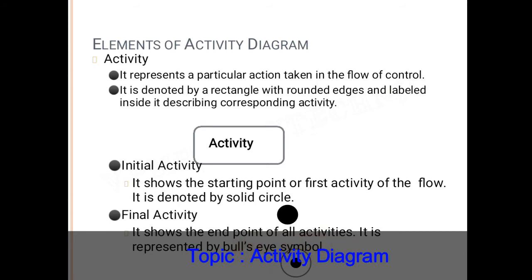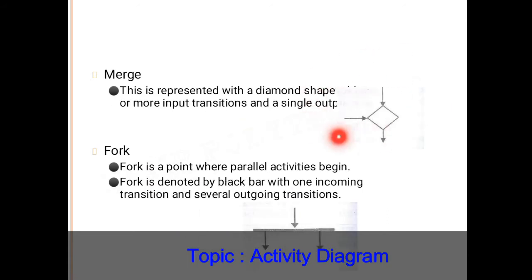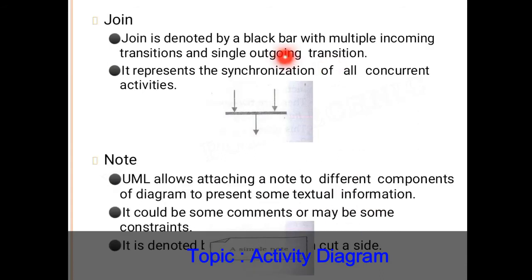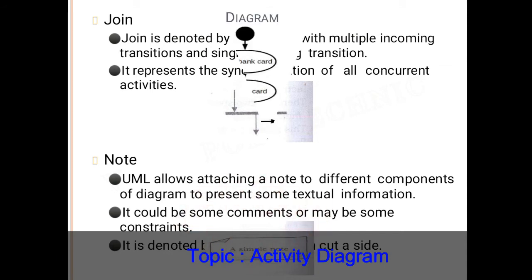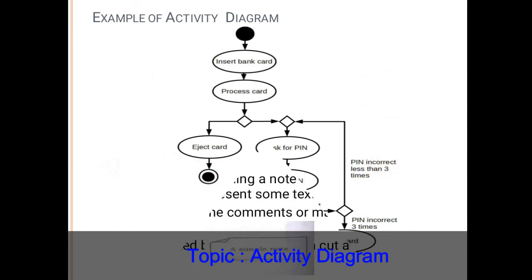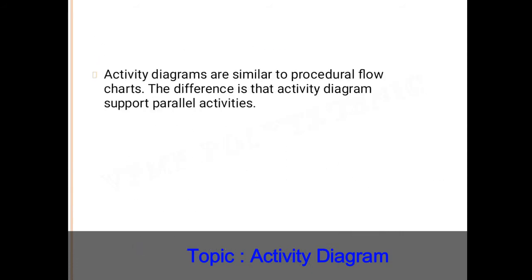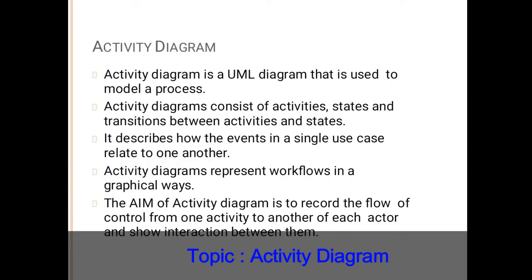The symbols used in an activity diagram are: this one is flow, this symbol is used for decision, this for merge, this for fork, this for join, and this symbol is used for any note about the system. And here is our activity diagram example. Now let's go through the description of these symbols and of activity diagrams.